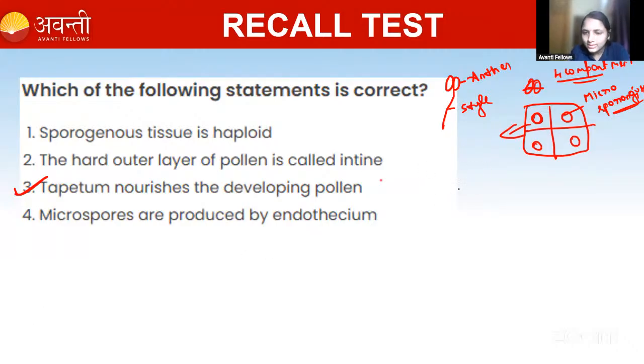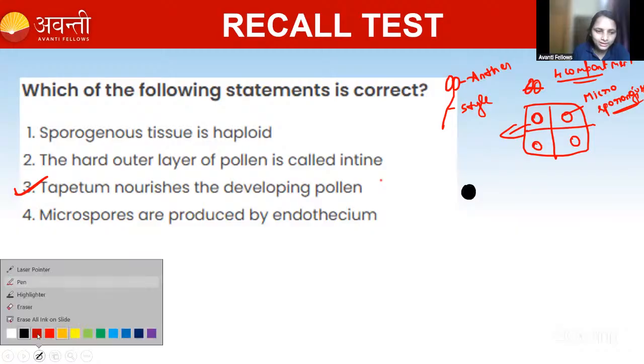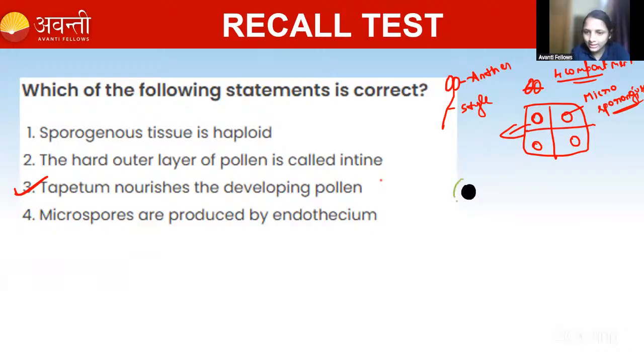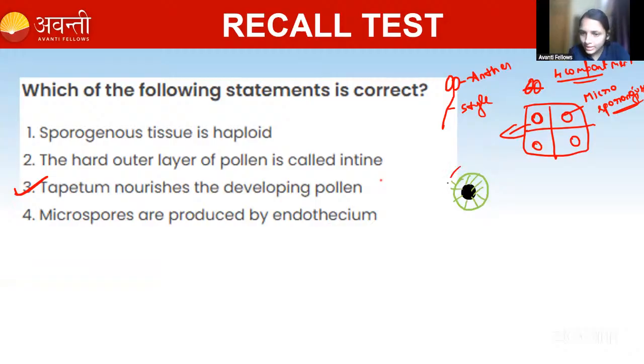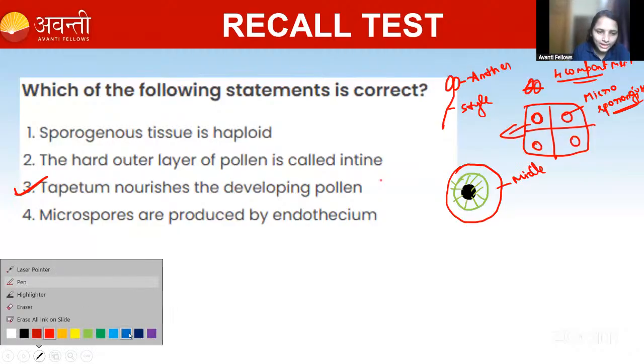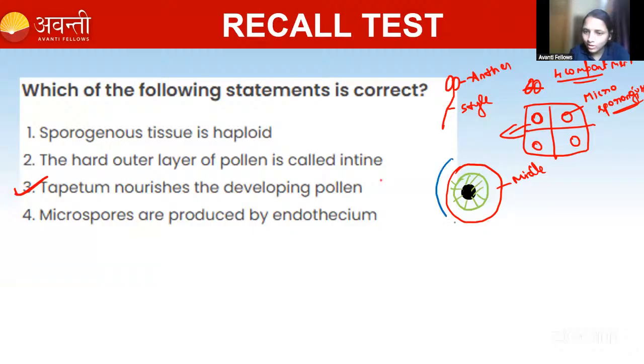If you see, this is a microsporangium, right? This microsporangium is covered by tapetum first, right? Tapetum is multinucleated. Many nuclei are there. After the tapetum, there is a middle layer. Then after that middle layer, we can see the endothecium, right?